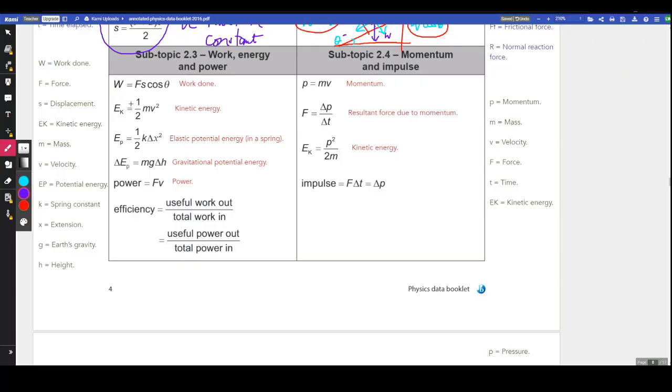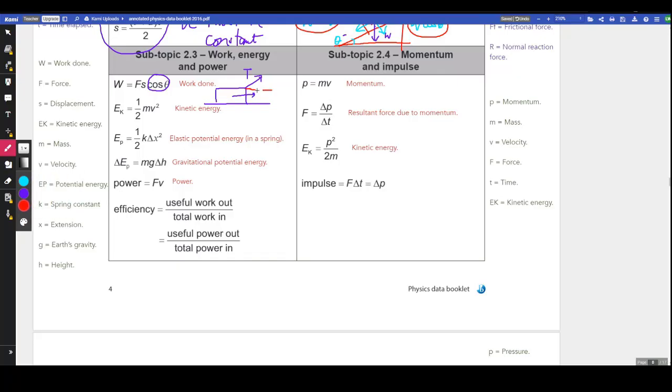Topic 2.3, the first one is work done equals force times distance in the same direction. So that's why you need to take the cosine theta if they are not in the same direction. But do not bind yourself to cosine, because it may be sine theta. It really depends on what angle it is. For example, if the box is like this, and here's a tension moving the box forward, it really depends on which angle you're talking about.